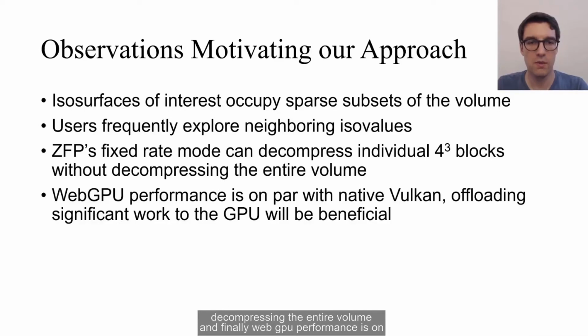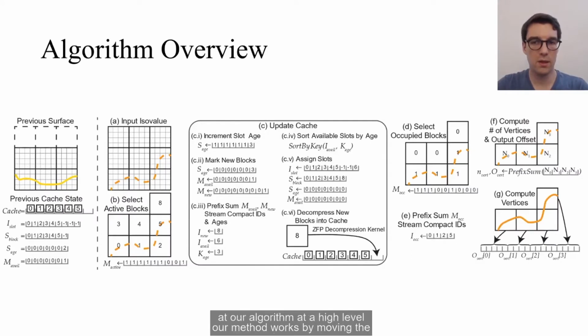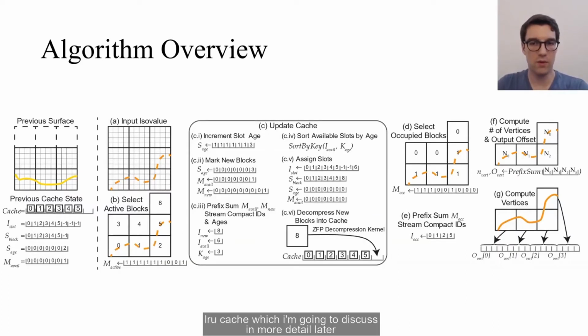And finally, WebGPU performance is on par with native Vulkan performance, and so offloading significant work to the GPU will be beneficial. So let's take a look at our algorithm at a high level. Our method works by moving the isosurface computation, decompression, and cache management onto the GPU to parallelize the work. Key to this is our fully GPU-driven LRU cache, which I'm going to discuss in more detail later.